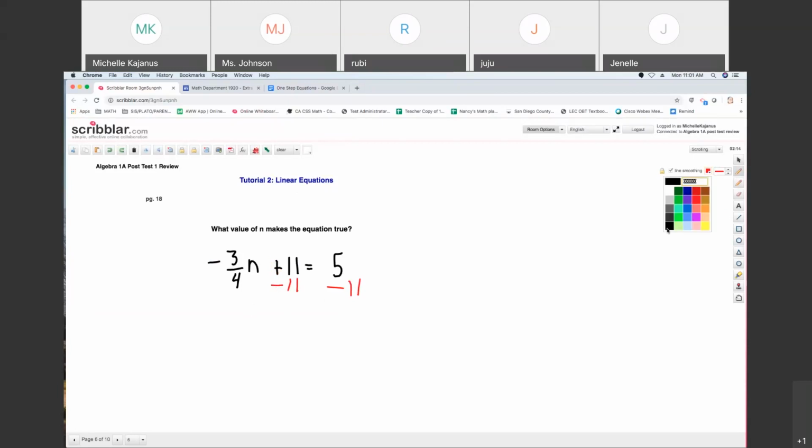So now 11 minus 11 will be 0. So I'm going to cross that out. I didn't do anything to negative 3 over 4n, so I'm going to bring that down. 5 minus 11 is equal to negative.